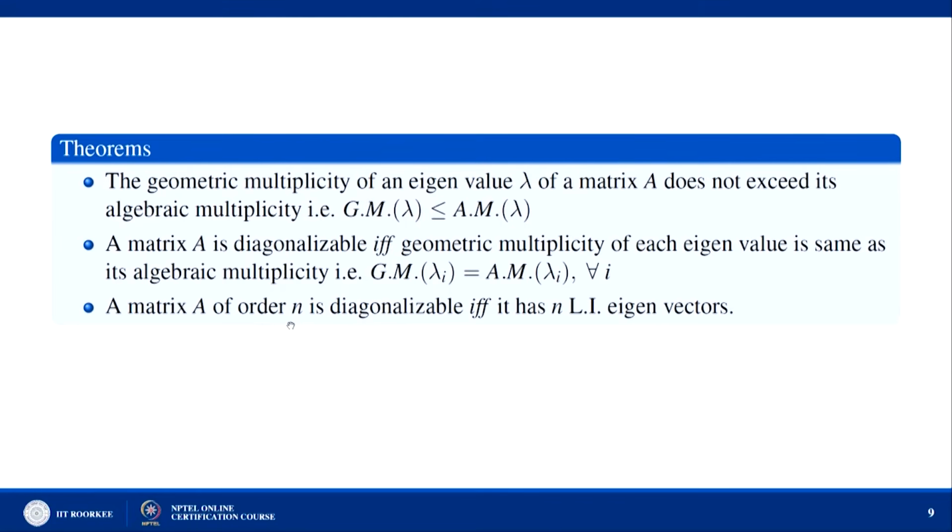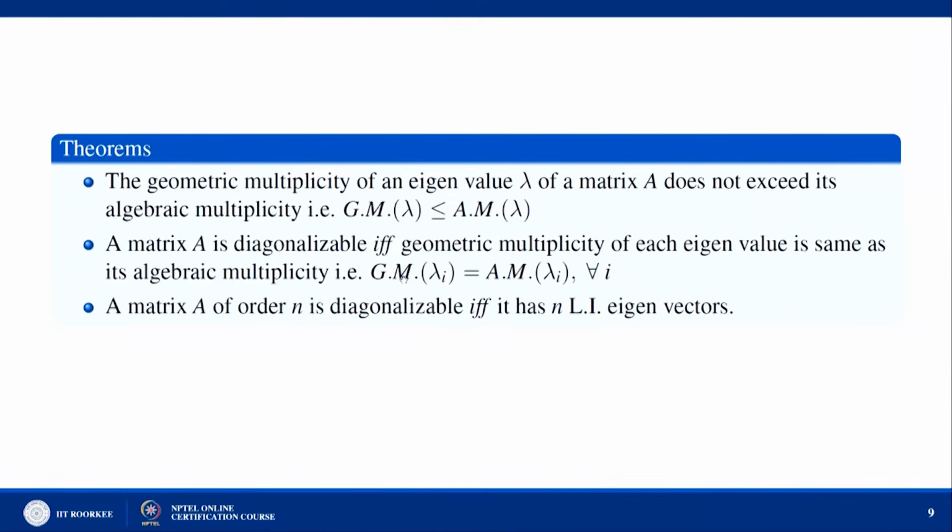Or we can say that if a matrix has order n, then it will be diagonalizable if and only if it has n linearly independent eigenvectors, because corresponding to each lambda, geometric multiplicity equals algebraic multiplicity. The number of eigenvalues is total n, so it must have n linearly independent eigenvectors if the matrix is diagonalizable, otherwise it will not be diagonalizable. Let us discuss these two examples quickly, and from here we can analyze everything.